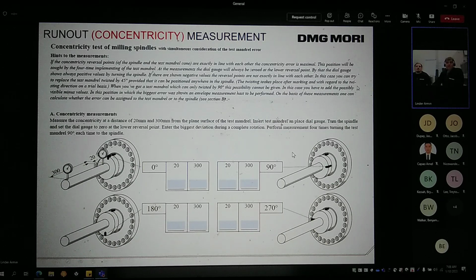So if you have, for example, a collision on a machine, then as I told you before, we have to check the runout of the z-axis or the movement of the axis, but I think the first step is to measure the spindle concentricity.